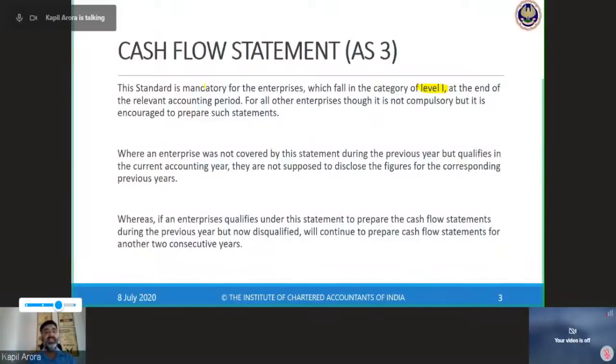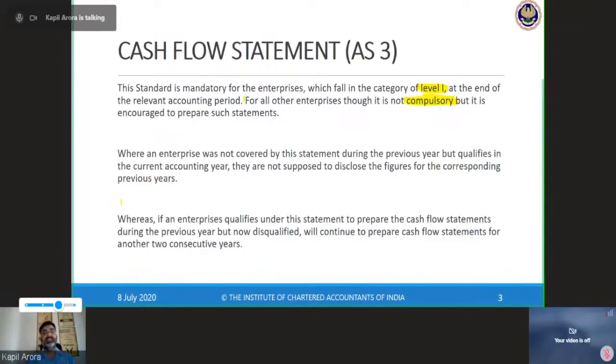So at the end of accounting period, for all other entities, it is not compulsory, right? It's not necessary that they won't make it. It is not compulsory. They can still make it.